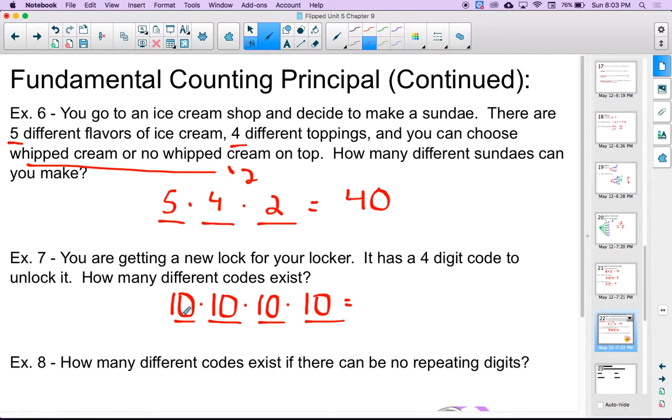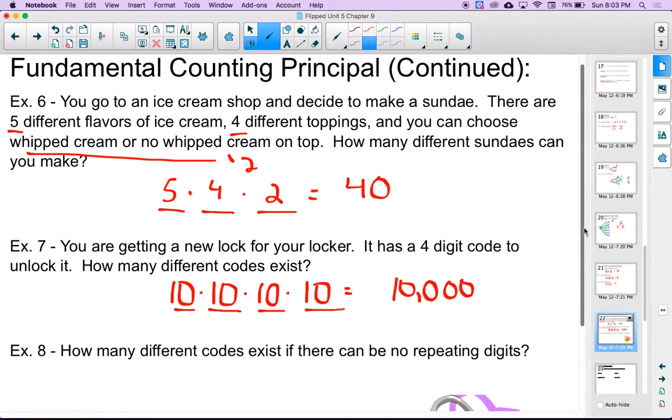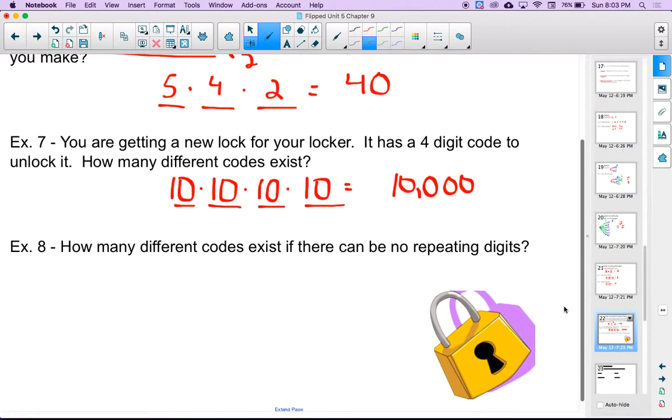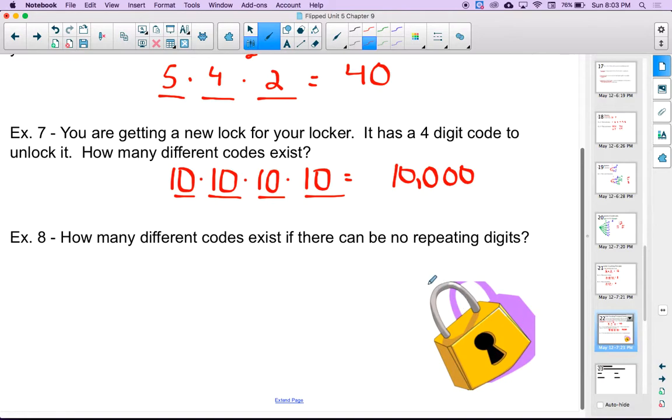If we do this multiplication, 1 times 1 times 1 times 1 is 1. And then we put 4 zeros at the end. 0, 0, 0, 0. That means there are 10,000 possible codes for that combination. That's pretty neat, right? Think about your security there with 10,000 different codes.